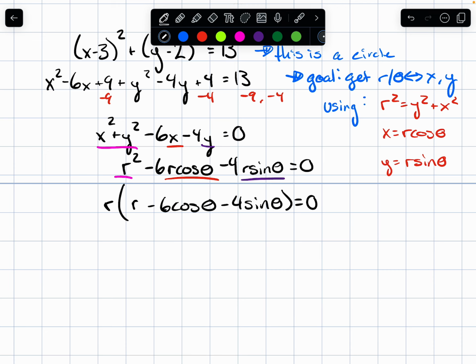Dividing both sides by r, because if I were to set r equal to 0, which we can do since this is multiplying here, that just means we're sitting on the origin, and that's already part of this function. So we can divide both sides by r and almost ignore it.